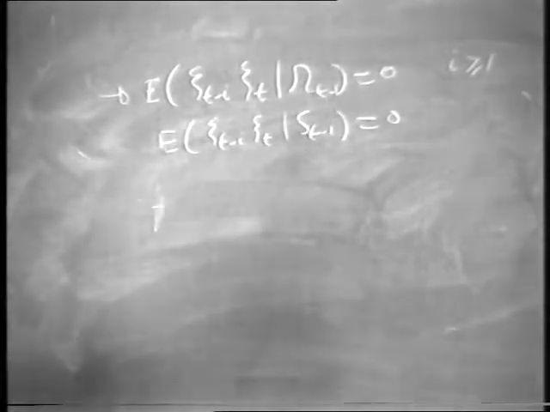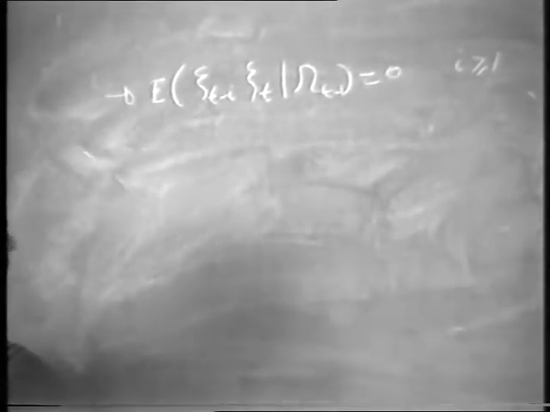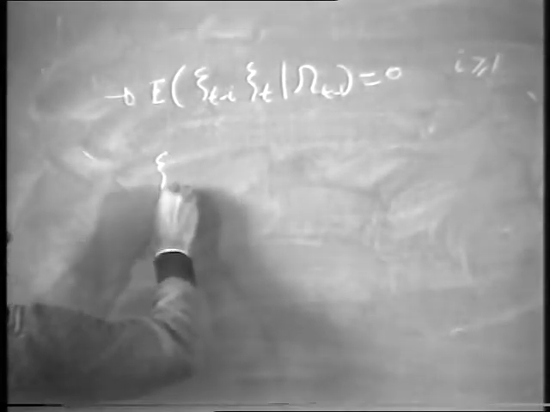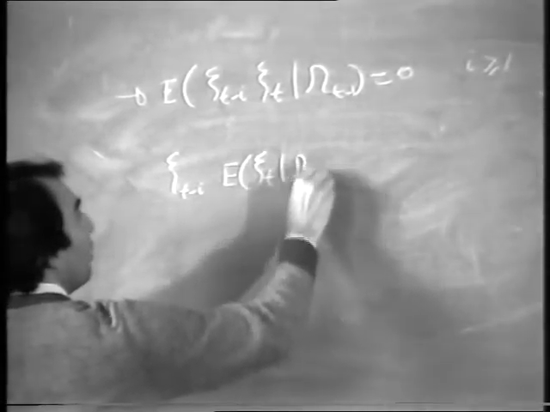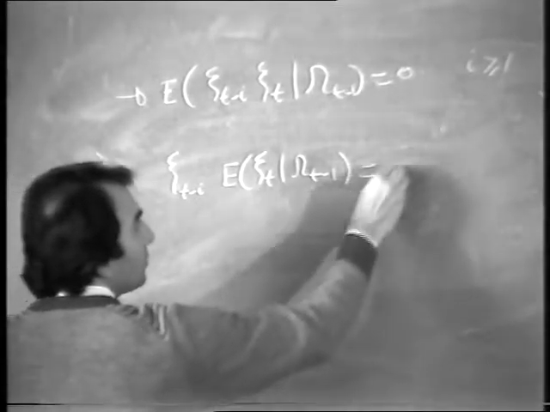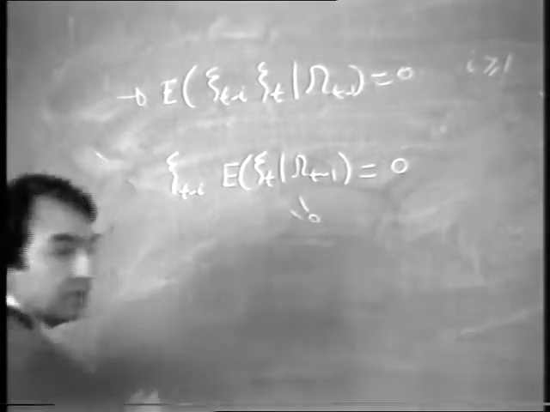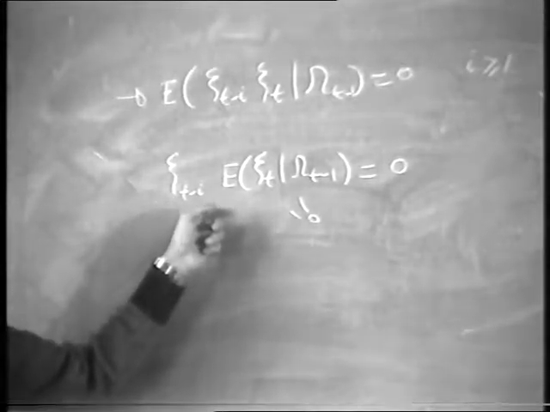It comes out. So it becomes, let me just wipe this off for a minute, xi t minus i times the expectation of xi t given omega t minus 1, but that is 0, so therefore the whole thing becomes equal to 0, irrespective of what this value is.